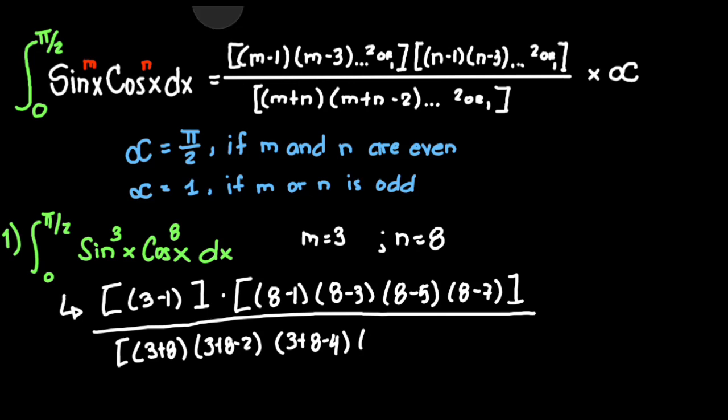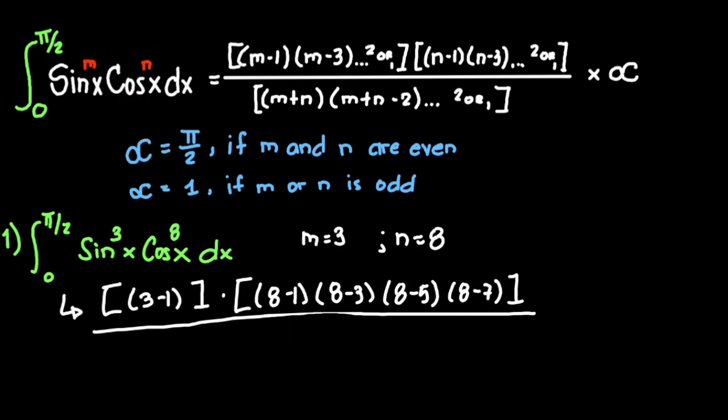Wait, let us simplify this. Three plus 8 would be 11. 11 minus 2 would be 9. 9 minus 2 would be 7. Minus this by 2, it would be 5, 3, up until it is 1.